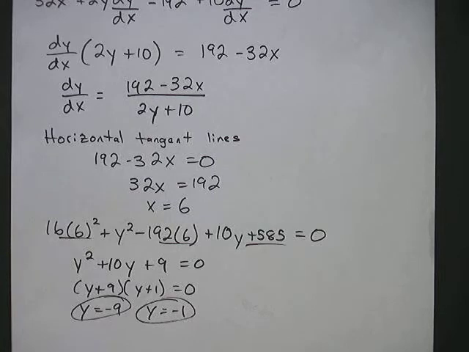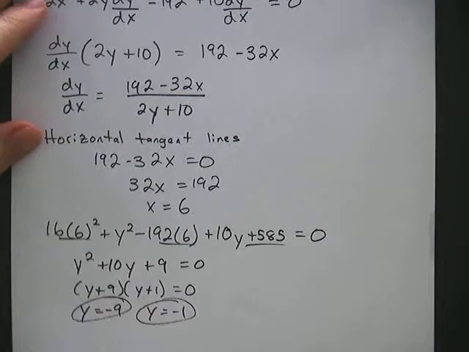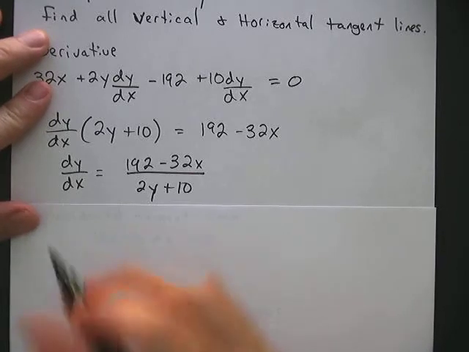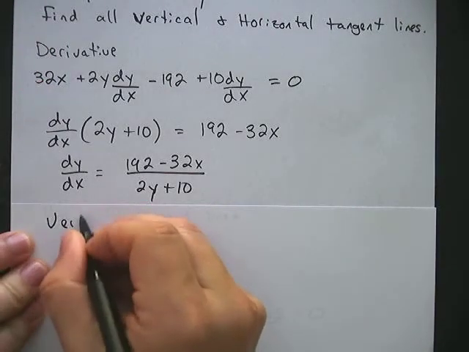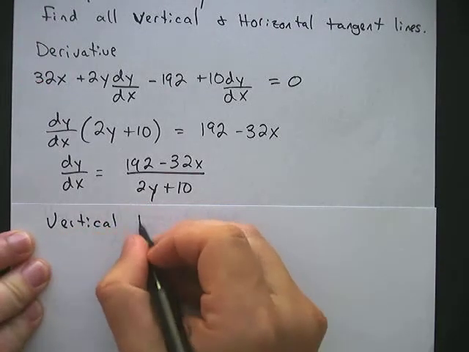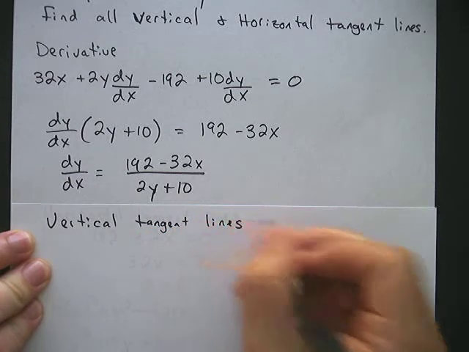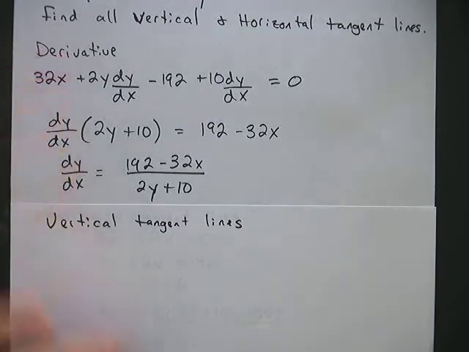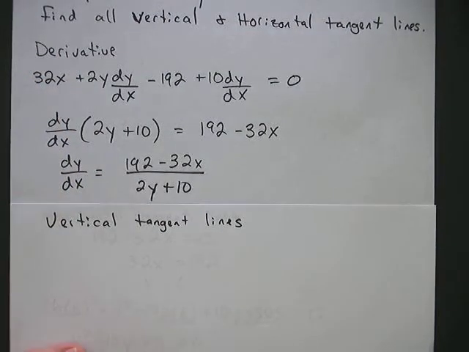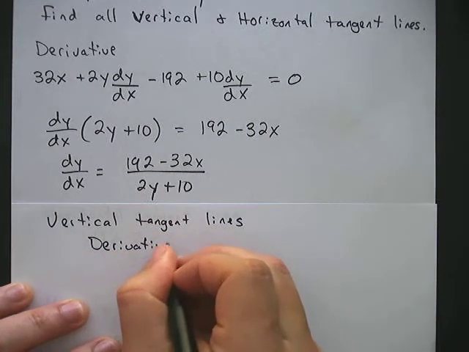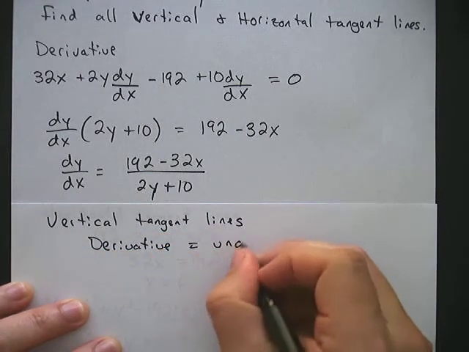Now for the vertical tangent lines, let me go back up here to this equation. Let's do this again for the vertical tangent lines. That's where your derivative is undefined.